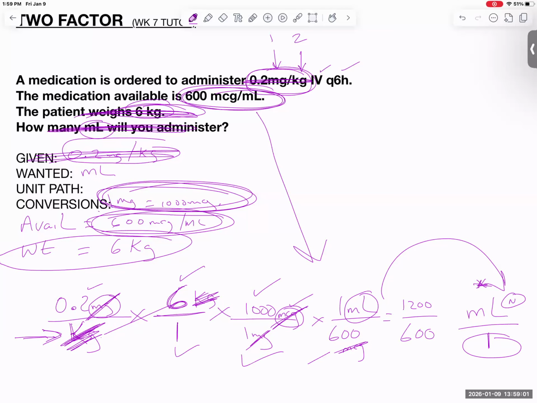And yes, I could have crossed off zeros, but I just didn't. You can even cross off zeros at the end if you want to, but so when I divide 6 into 12, what's the answer? How many milliliters am I going to give this infant that's 1 month old?